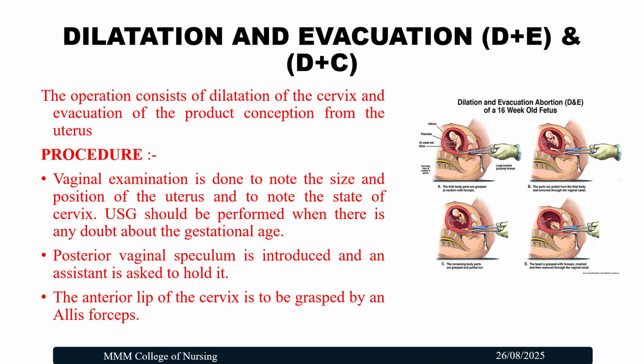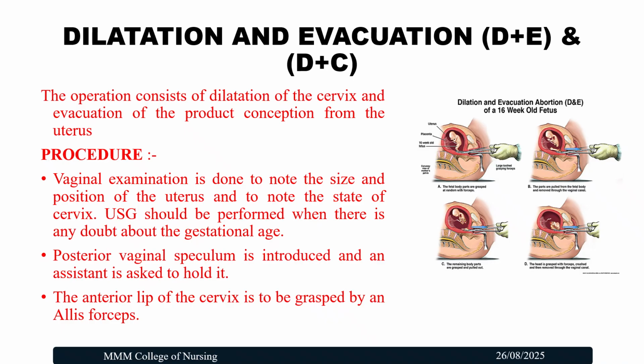The third surgical procedure is dilation and evacuation, which means D&E. The operation consists of dilation of the cervix and evacuation of the products of conception from the uterus. Procedure: vaginal examination is done to note the size and position of the uterus and the state of the cervix.